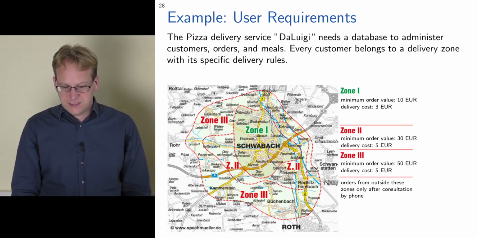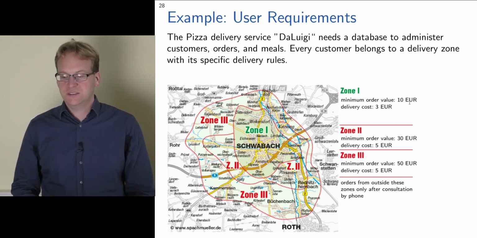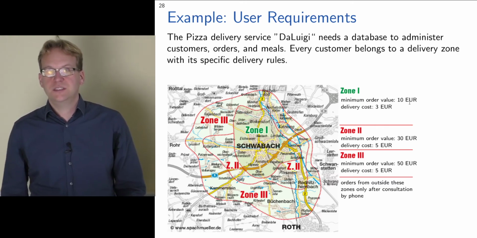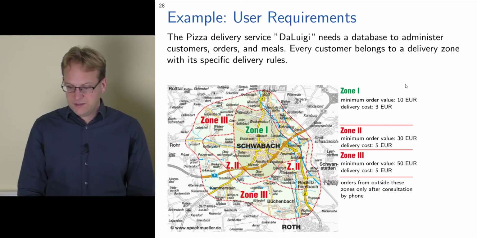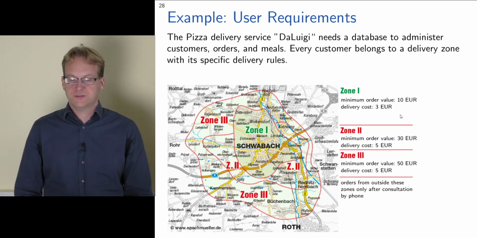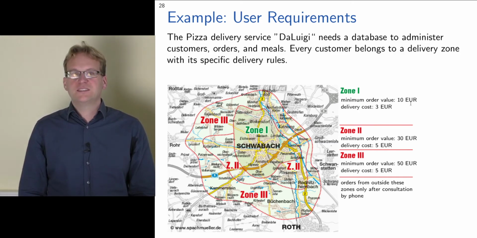If you live here in Schwabach, then you have a minimum order value of 10 euros. So at least you need to order for 10 euros, otherwise they won't deliver. And they charge you a delivery cost of 3 euros.